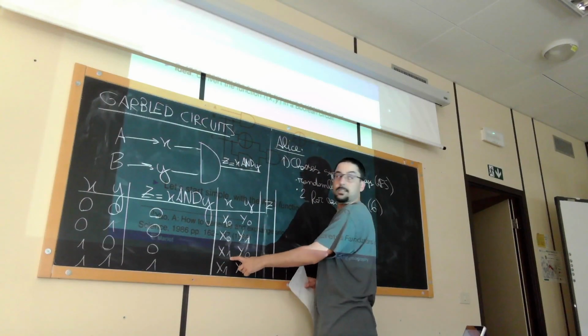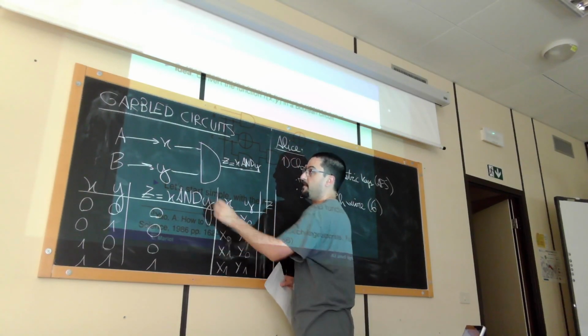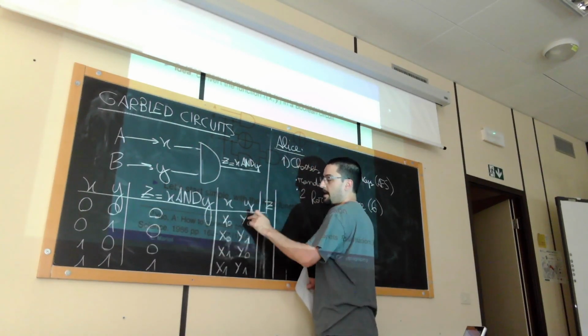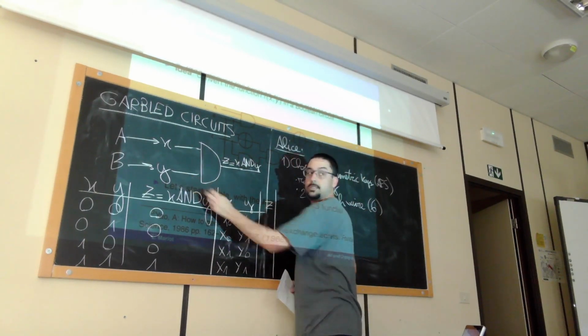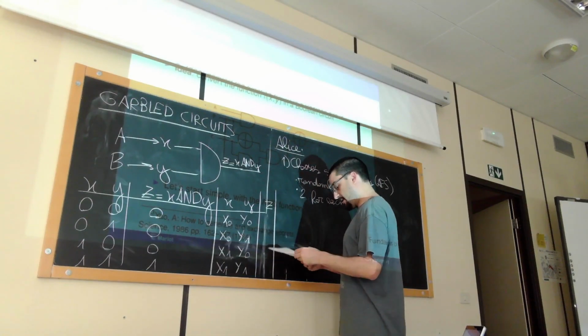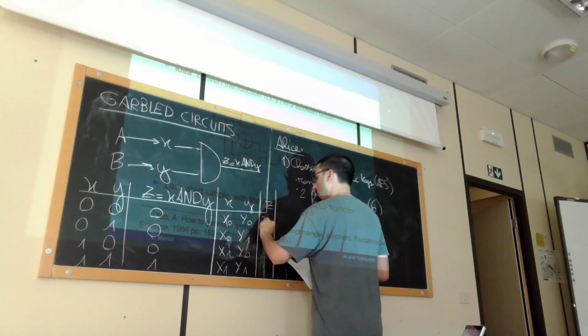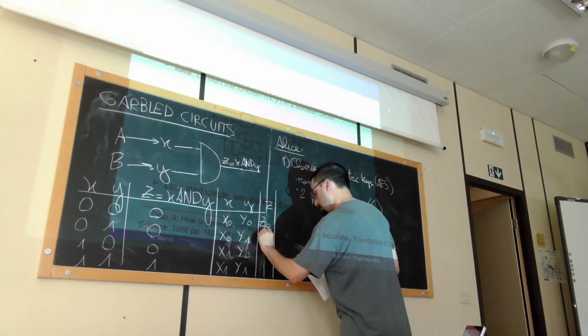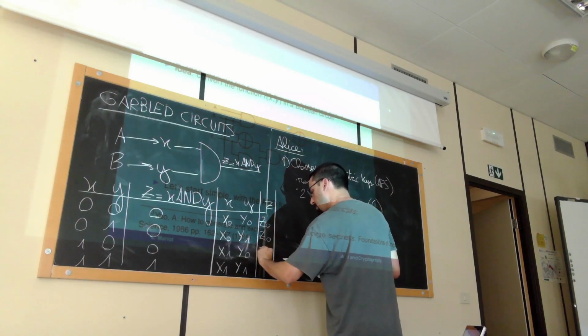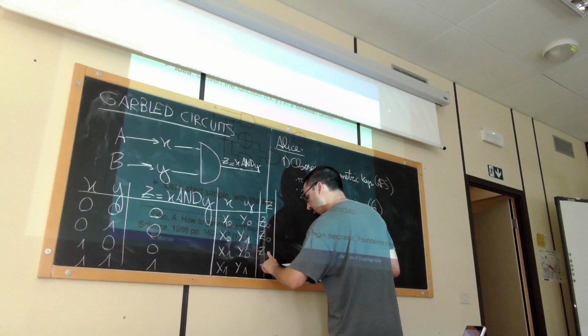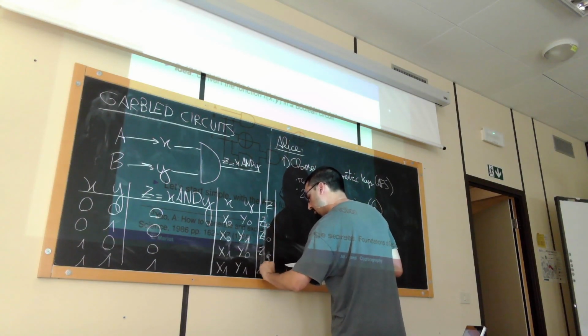x1 is the encryption of the value 1 for this wire here, and the same thing for y0 and y1 for this wire here. And finally we have z0 and z1.